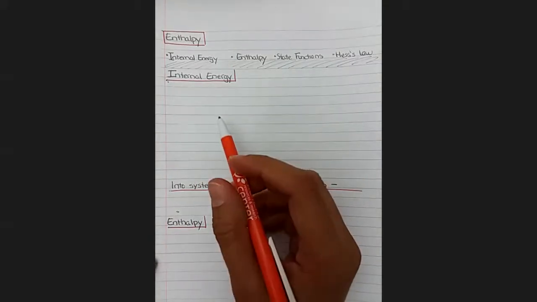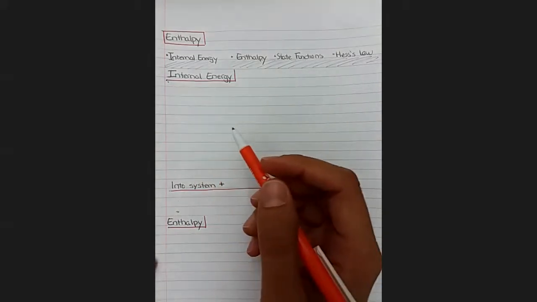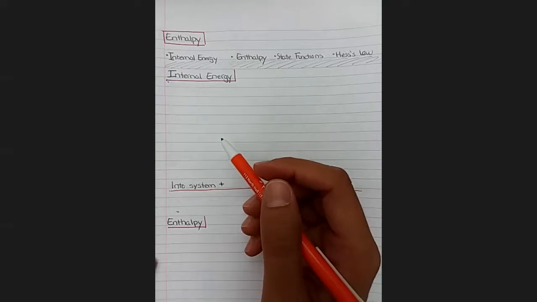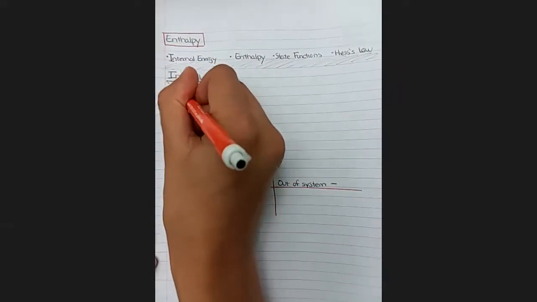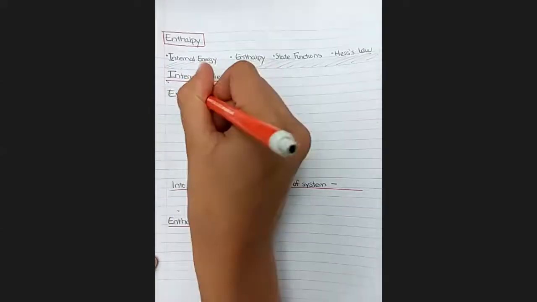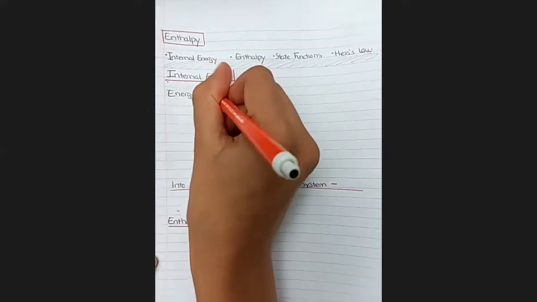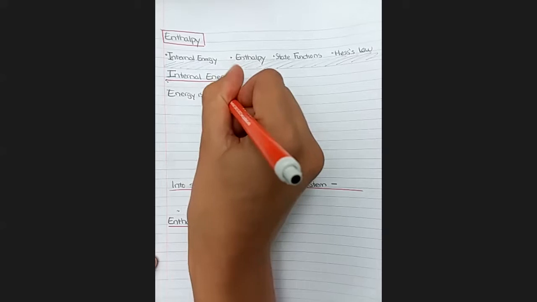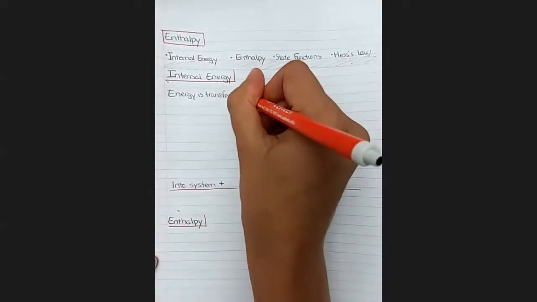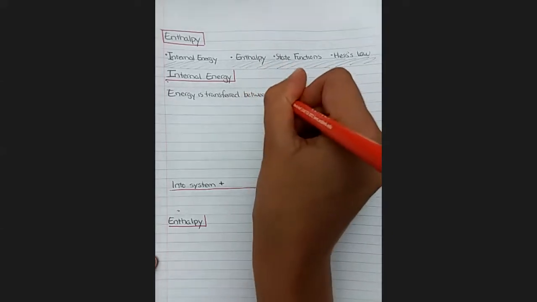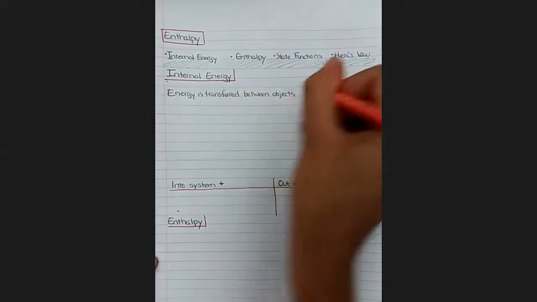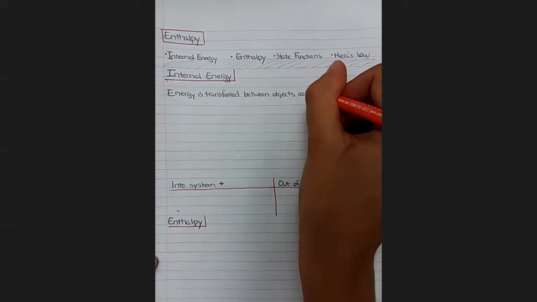In the last video, we talked about calorimeters, about measuring the transfer of disordered energy as heat. And here we're going to return to that idea of energy transfer. Energy is transferred between objects in a disordered or ordered way as heat or work.